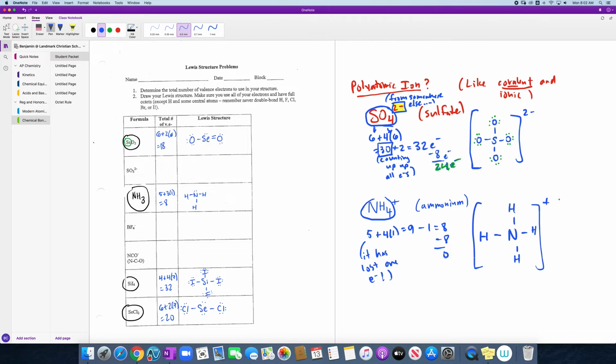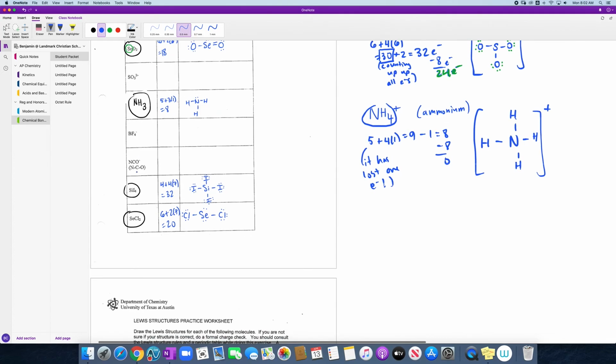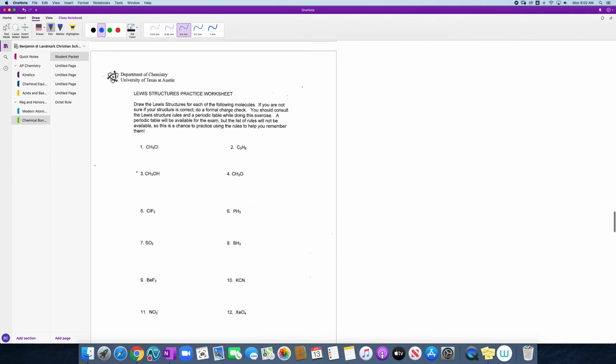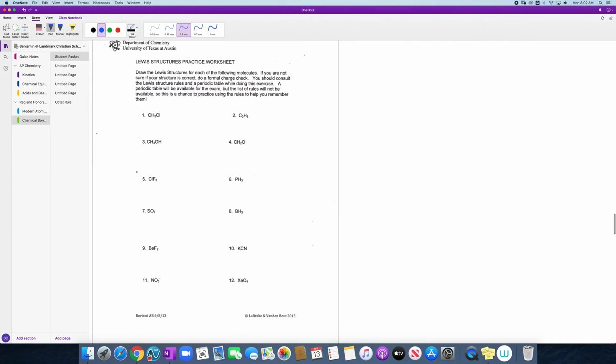Okay, so the work that I would like you to focus on today: I'd like you to attempt these 3 polyatomic ion structures, and then move on to this page in your packet, and I'd like you to complete these ones here.